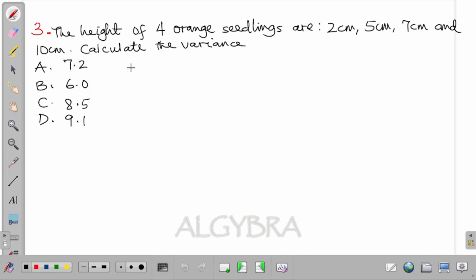So the variance of a sample distribution is given by the summation of the squares of the mean deviations, divided by the number of samples.